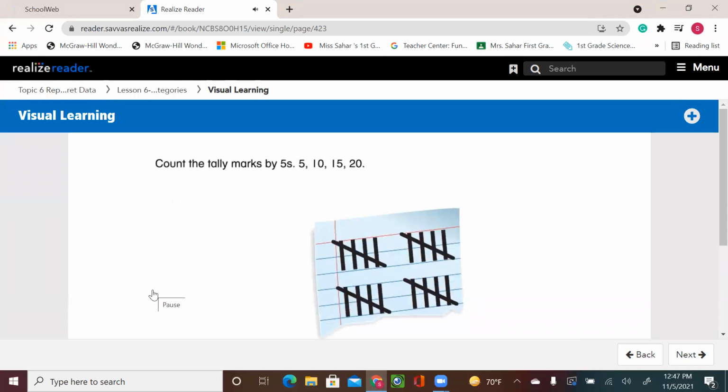Count the tally marks by 5s. Let's count. 5, 10, 15, 20. If the tally marks stand for red objects in a classroom, how many red objects are there? There are 20 red objects in the classroom.